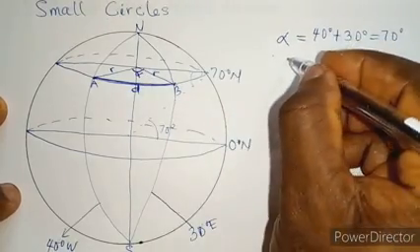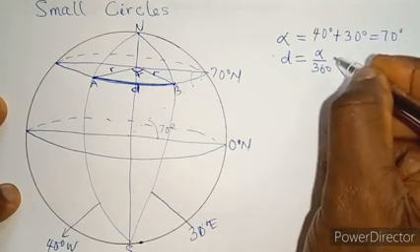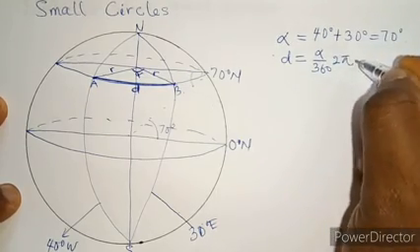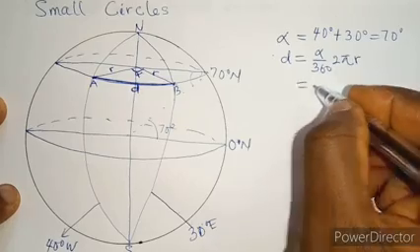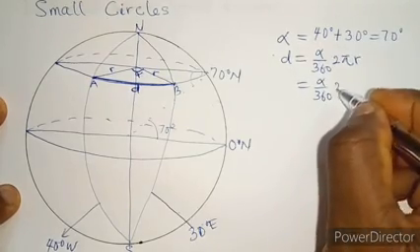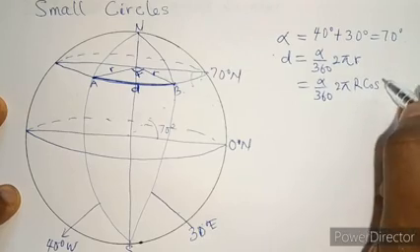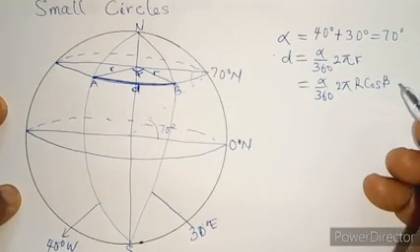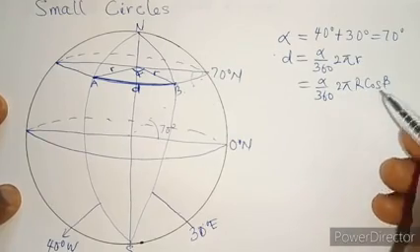So my formula will be alpha over 360 times 2 pi, not capital now, small r. But my small r happened to be, I'll show you in a minute, the small r is capital R cos beta. I'll show how they derived the capital R cos beta later. But let's continue solving.